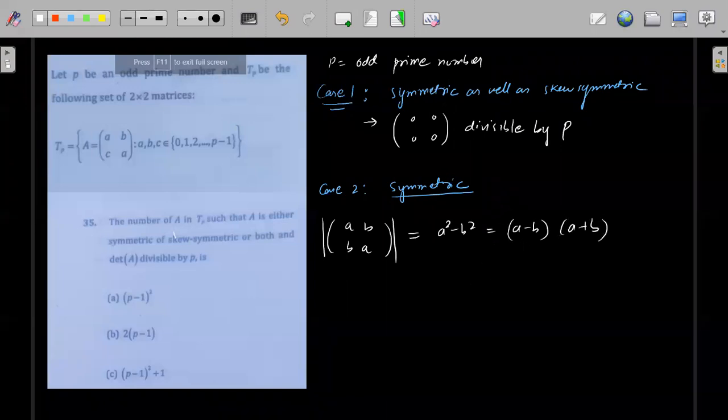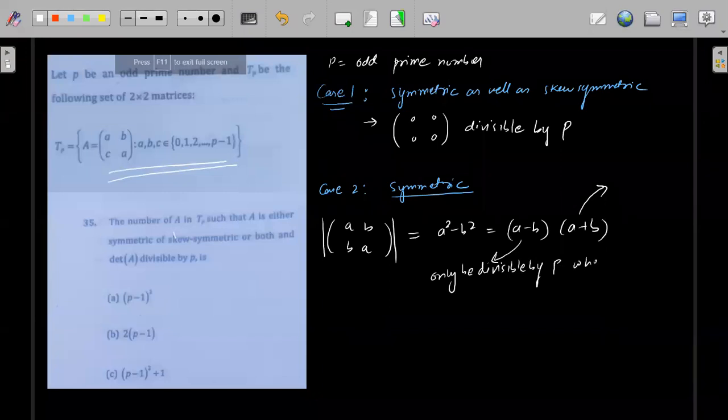Now either this will be divisible by p or that will be divisible by p. A minus b can only be divisible by p when a minus b is equal to 0, that means a is equal to b.